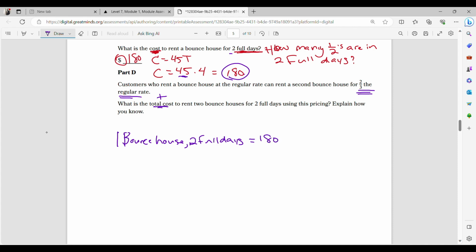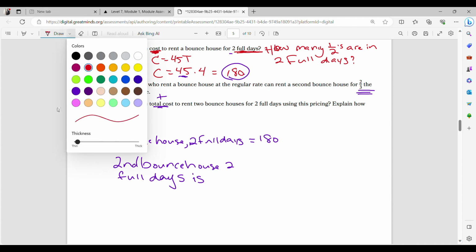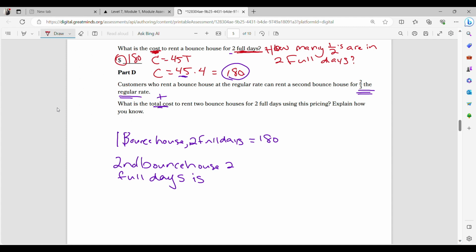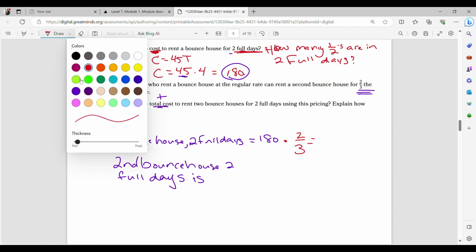The second bounce house is going to be a second bounce house for 2 full days, is, let's figure that out. We'd have to do 180 times 2/3. Y'all know how I feel about big fractions.